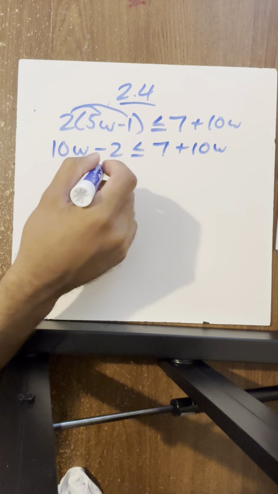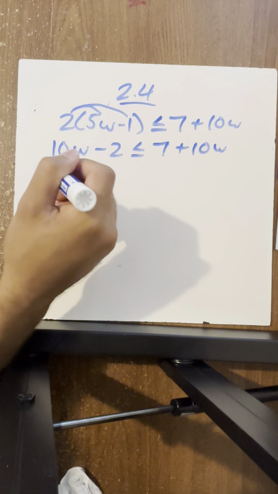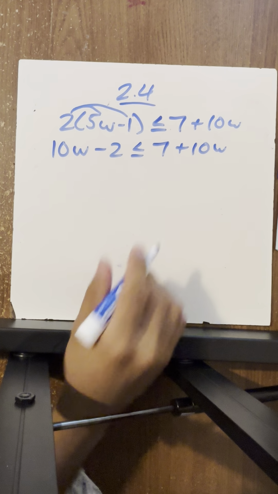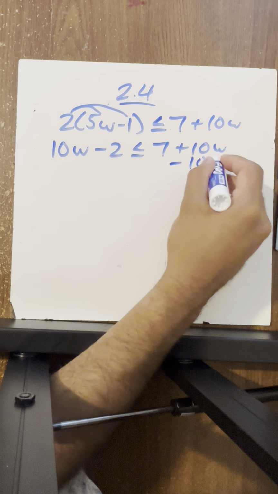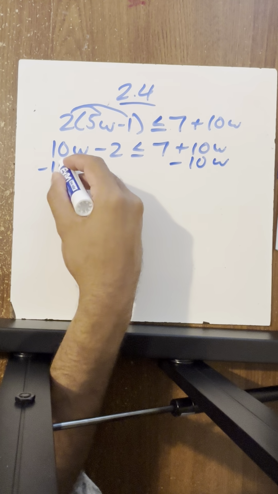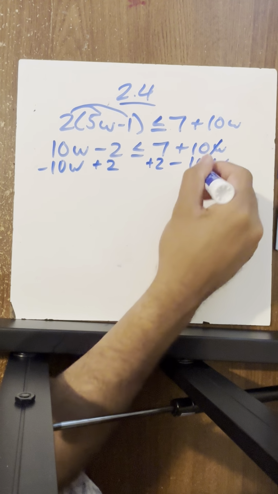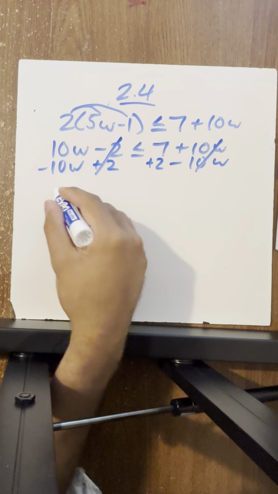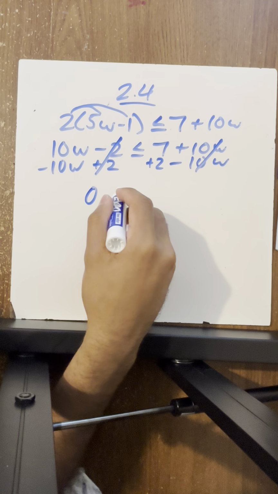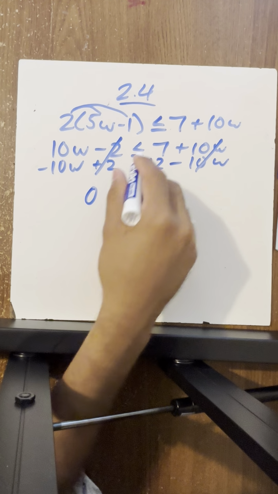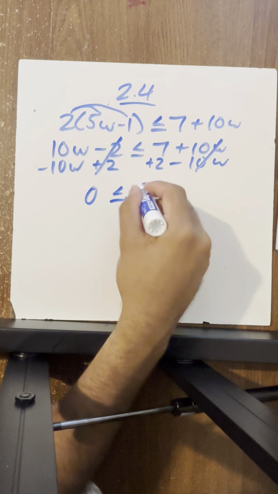Getting the letters to the left and the numbers to the right, that means we will subtract this 10w over here, and we'll add this 2 over here. 10w minus 10w, that's 0. Less than or equal to, the sign comes down. 7 plus 2 is 9.